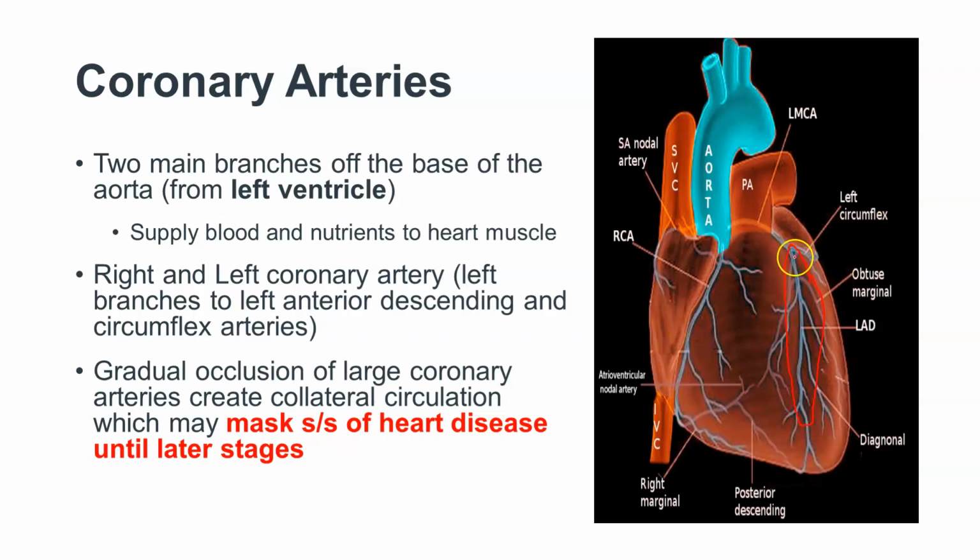It's on the next slide. You see how it branches off to the left circumflex. The posterior descending is over here. You have your right coronary artery over here. So you have lots of opportunities if you have a history of atherosclerosis or arteriosclerosis to develop problems long-term down the road.